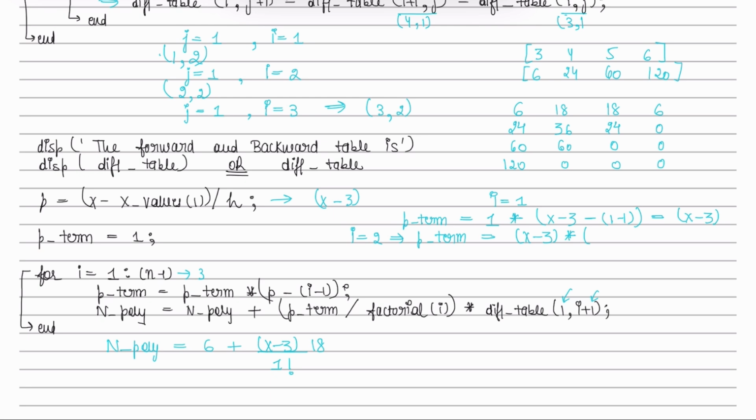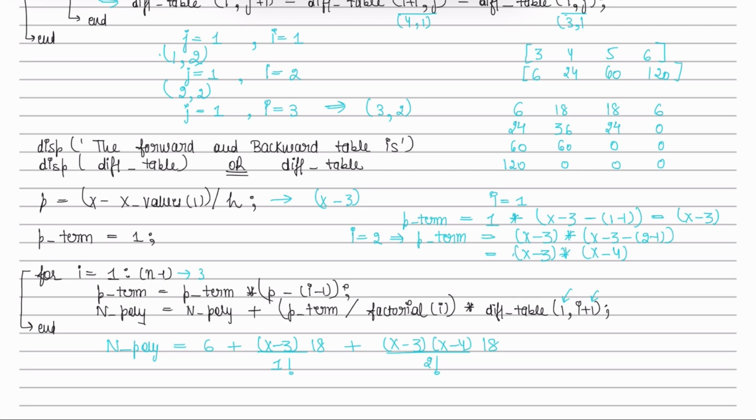The p value is currently again x minus 3 minus 2 minus 1, and this value is nothing but x minus 3 into x minus 4, and the polynomial will be updated with x minus 3 into x minus 4 divided by 2 factorial into the difference table value at first row and third column, which is again 18.